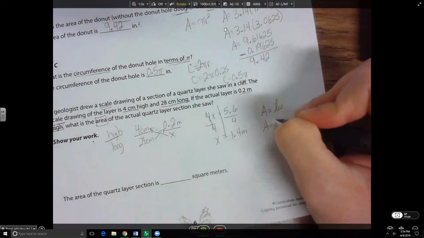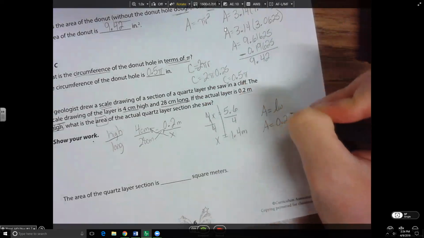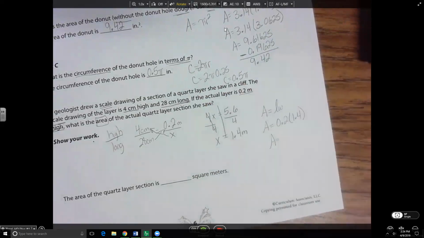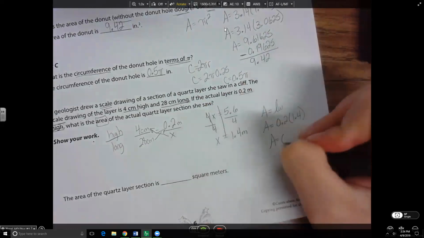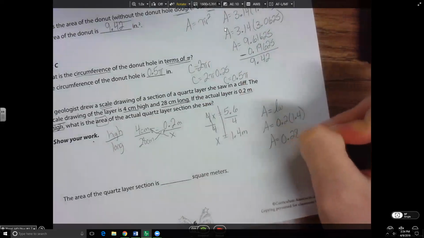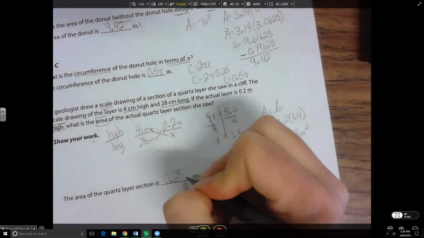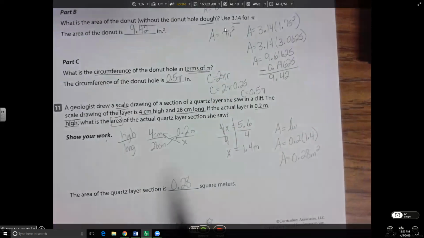So I'm going to do 2/10 times the width, which was 1 4/10. And when I multiply those together, that gives me 2800 meters squared. So the area of the quartz layer section is 2800 square meters.